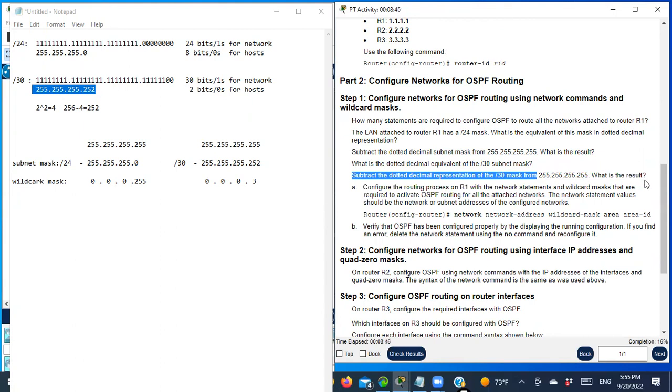What is the result? We get 0.0.0.3, which is the wildcard mask.